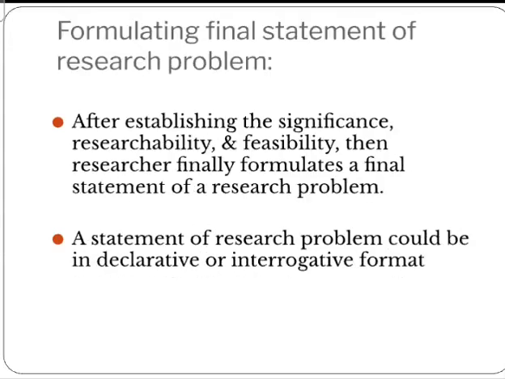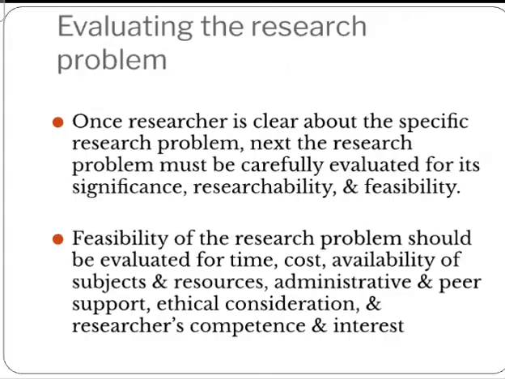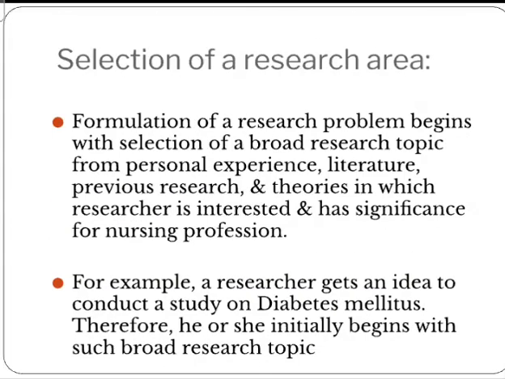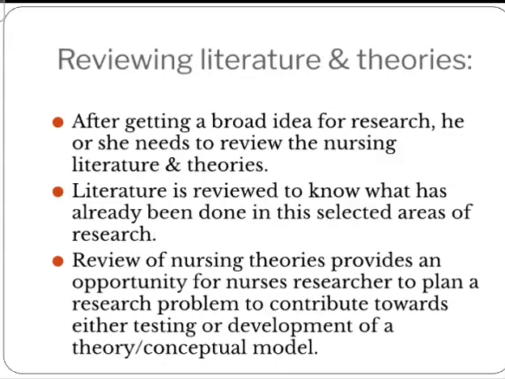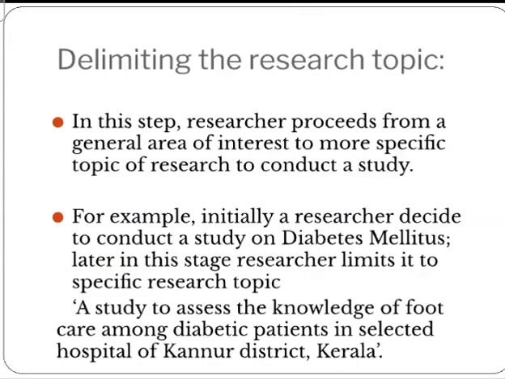So after evaluating, you will write it as a final statement. That is formulating a final statement. This is nothing but writing as a statement. It is written in declarative or interrogative format. As we discussed, the first step in formulation of research problem is selecting a broader area of research, and then you will do a lot of literature review and read theories, and you will delimit the research topic.